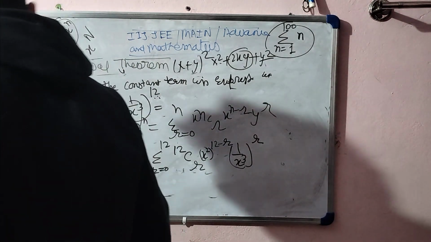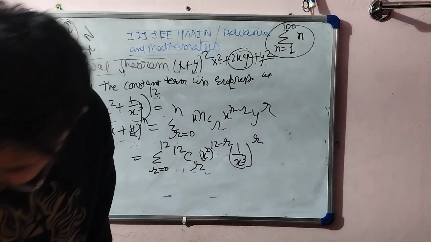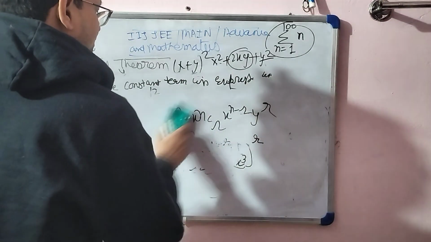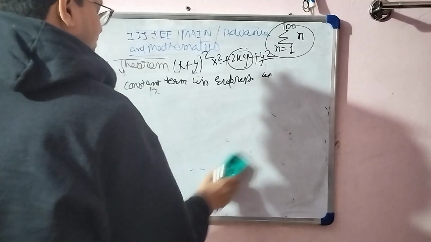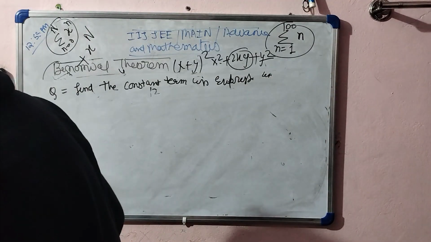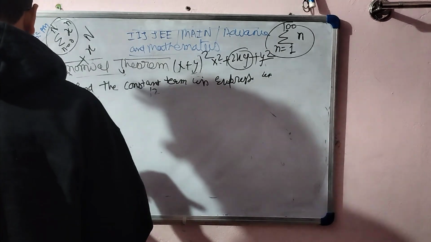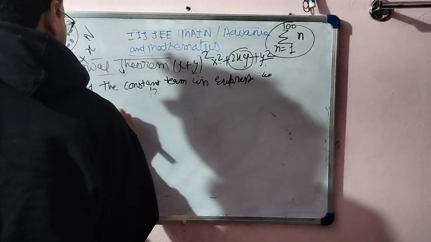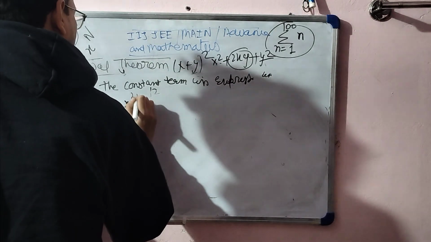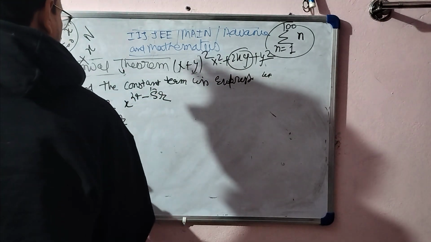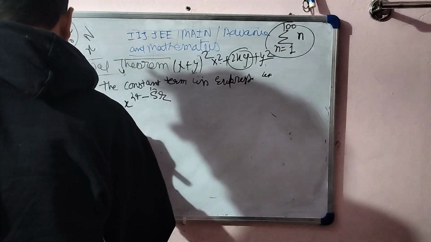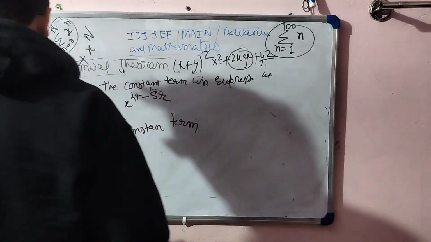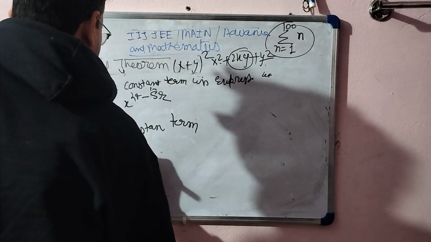For the constant term, after simplification of 12Cr, the power of x is 24 minus 5r.